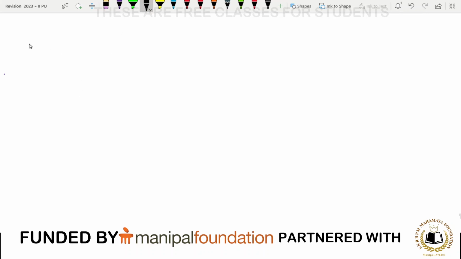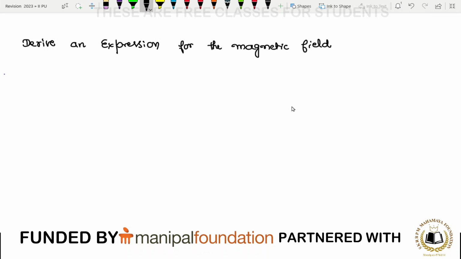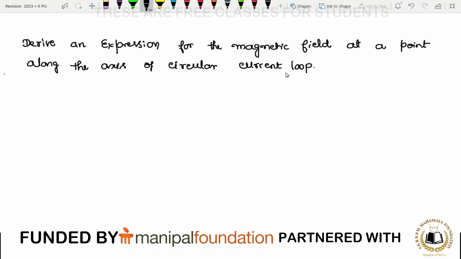Derive an expression for the magnetic field at a point along the axis of a circular current loop.